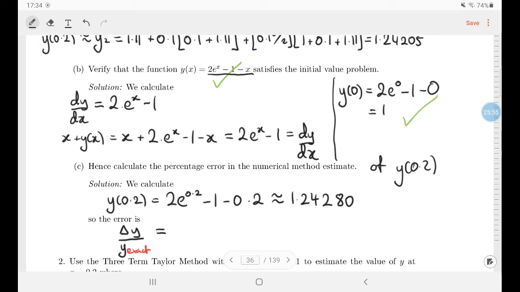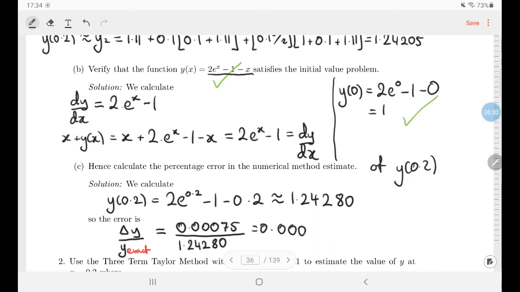If I go on the calculator at that, I think I'm getting 0.000155. And the exact is, to this many significant figures anyway, 0.24280. You could do more significant figures in this calculation if you wanted, but I don't think there's much need.